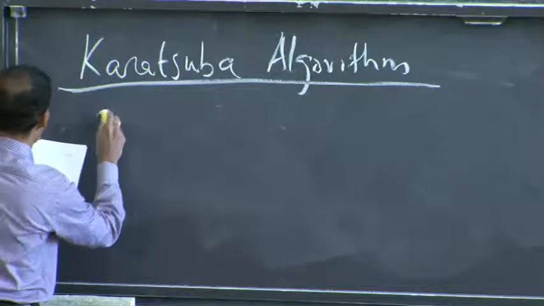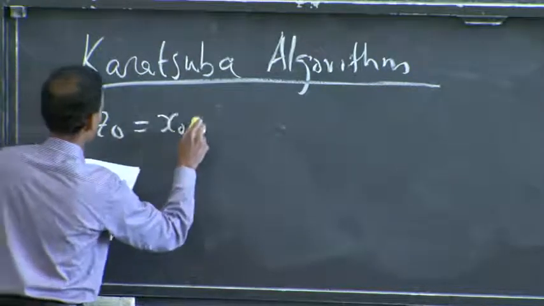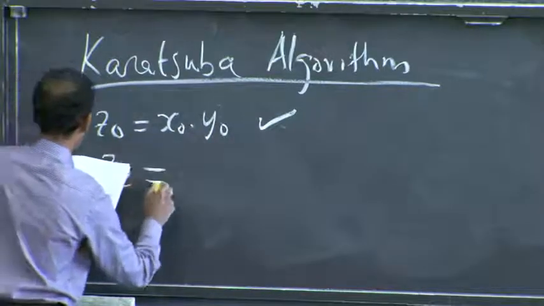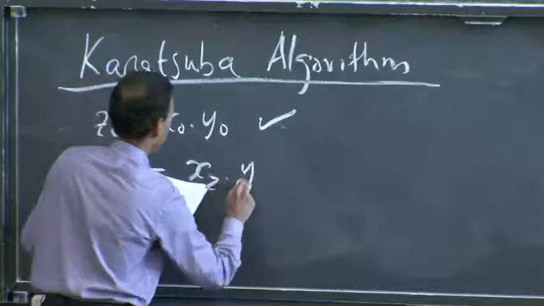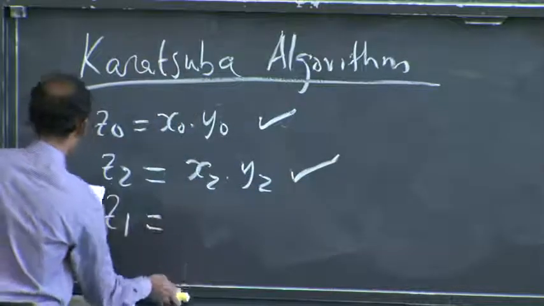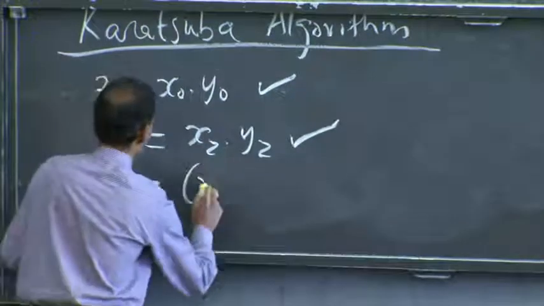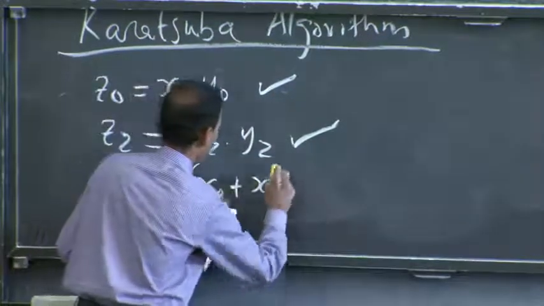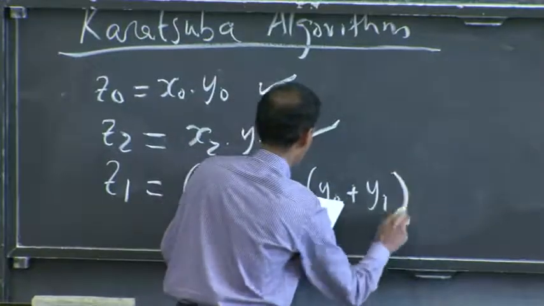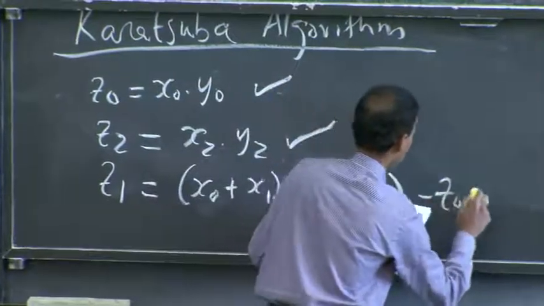And what happens here is, using the z's that I have out there, you essentially say, look, I know z0 equals x0 and y0. I'm going to go ahead and multiply. z2 equals x1 and y1. Go ahead and do that. And now I'm going to write z1 as x0 plus x1 times y0 plus y1 minus z0 minus z2.